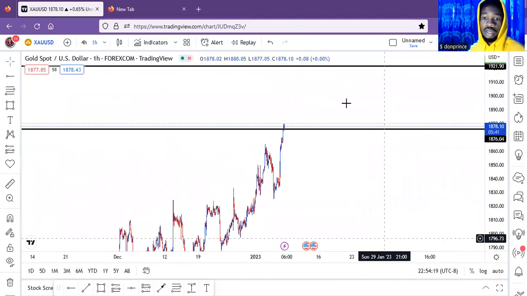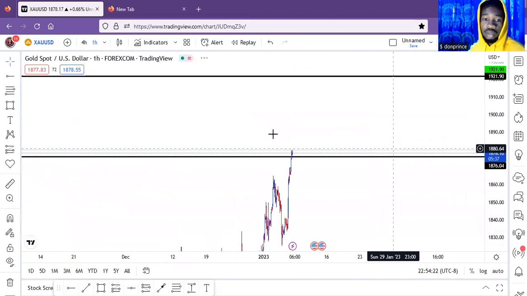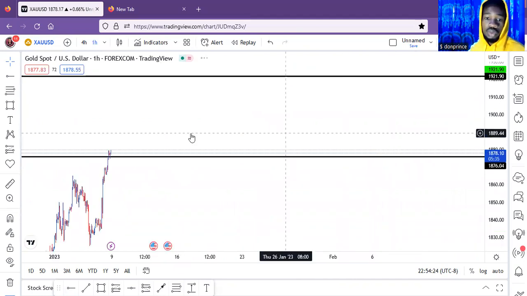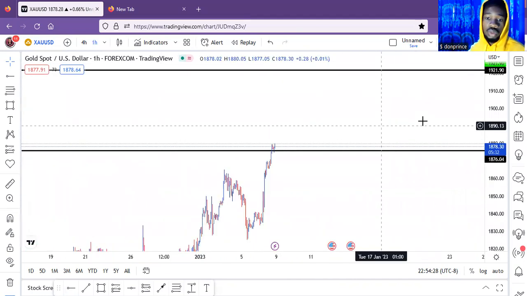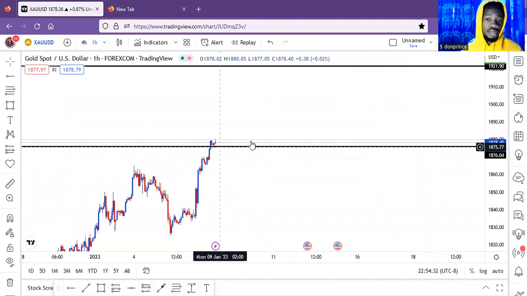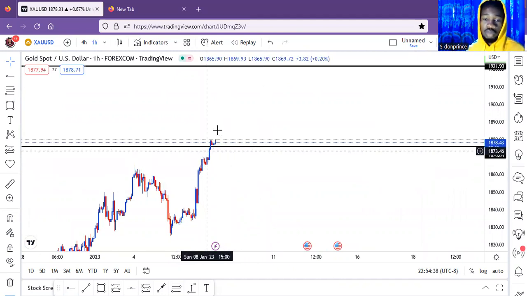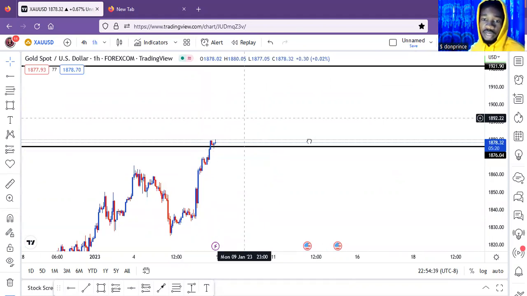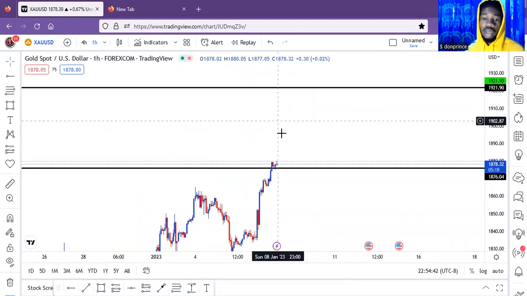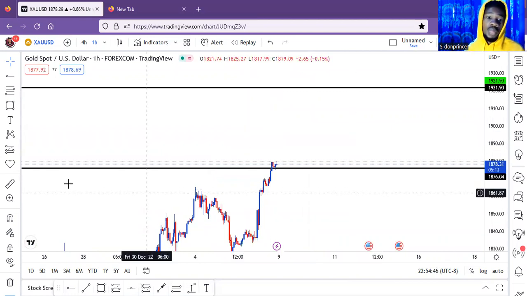So here, we expect gold to break this level. It's already doing that, but we expect a more bullish momentum to the upside somewhere about here. Then it will come back to this zone to activate our levels.